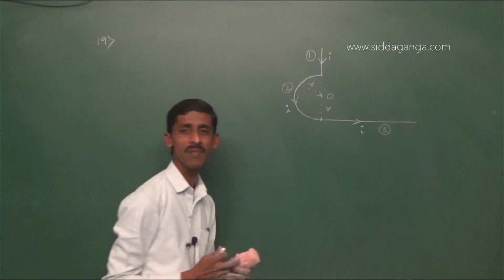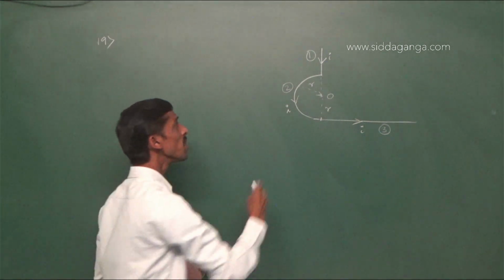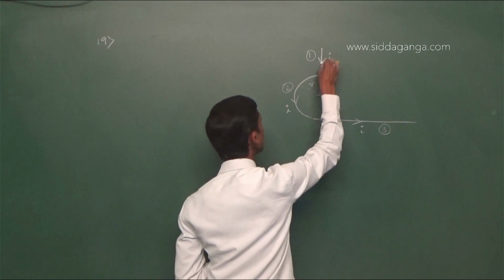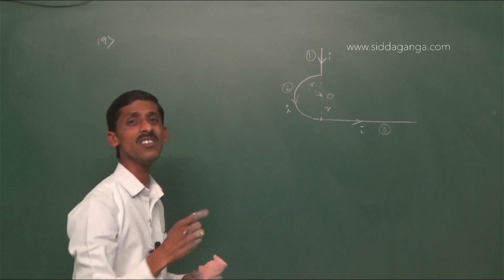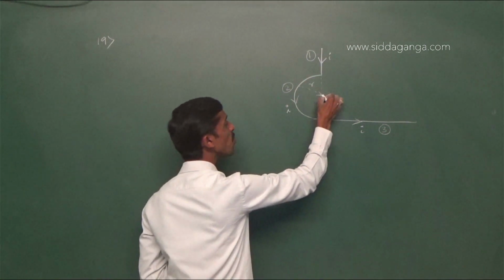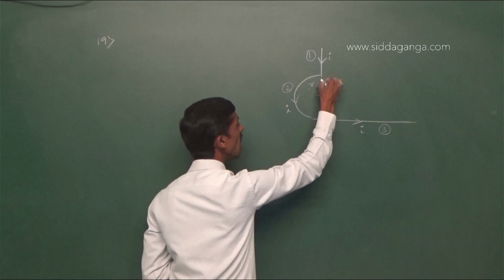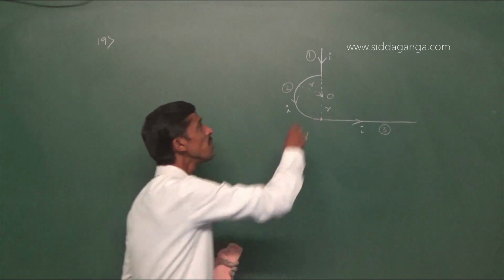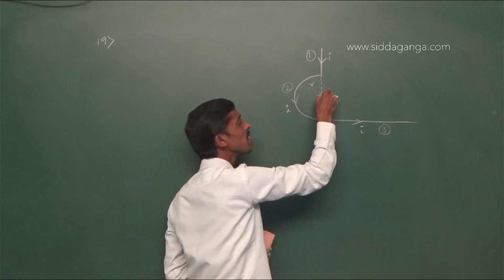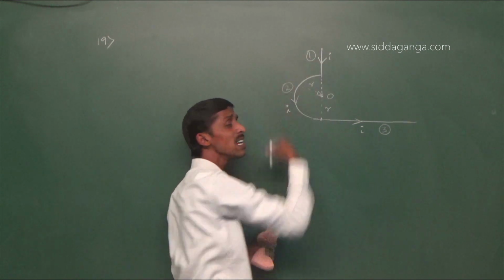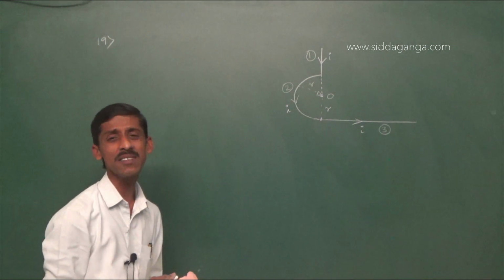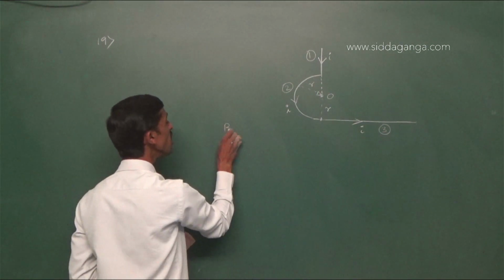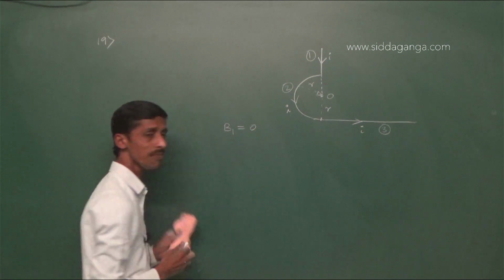If you observe clearly, the magnetic field at the point O due to part wire 1 is 0. Why? Because the given point lies on the line of the conductor. If you extend the conductor and the given point comes on the line of the conductor, on the axis of the wire, then theta is 0 and the magnetic field due to that part will be 0.